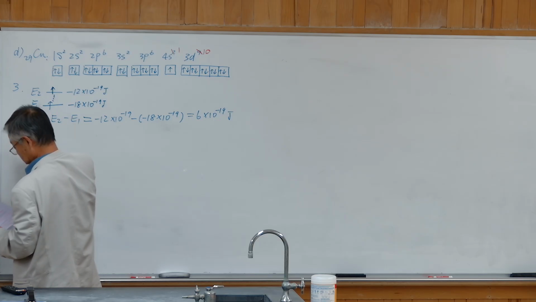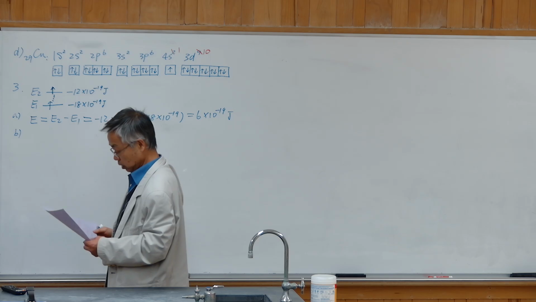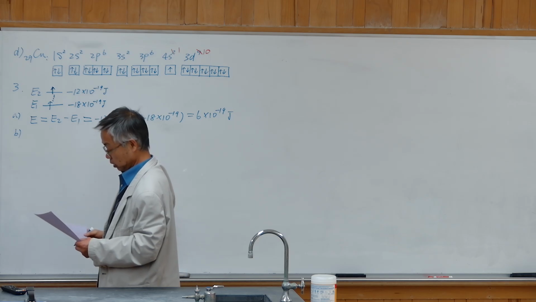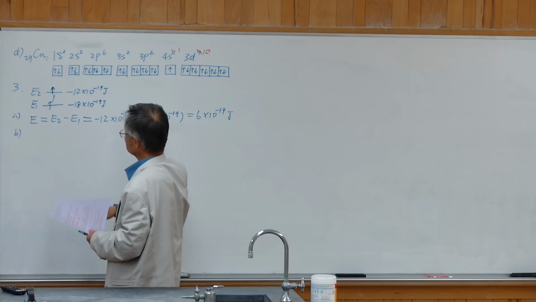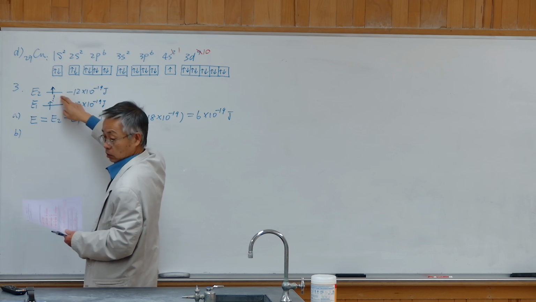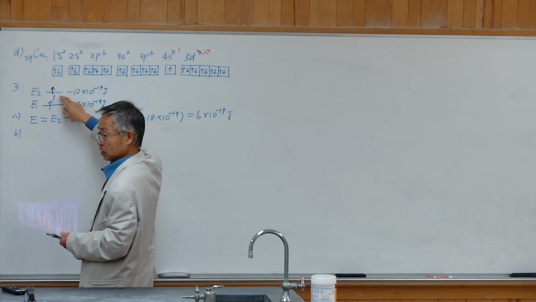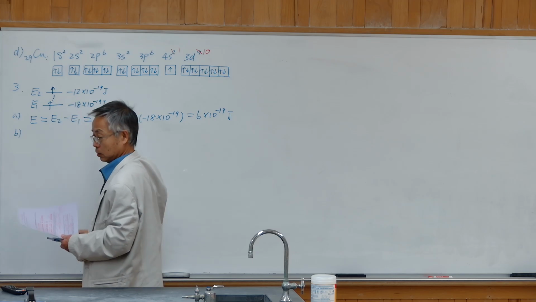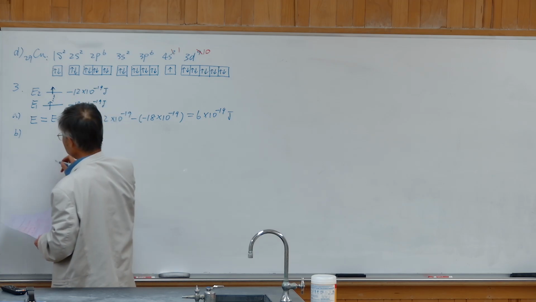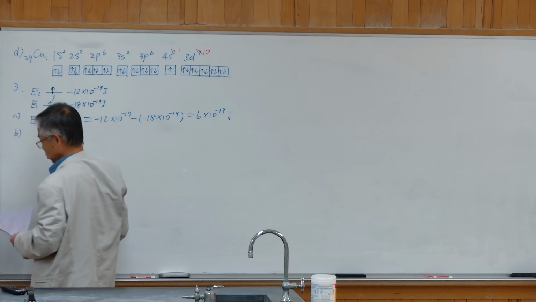Question B asks you, what is the wavelength of the photon needed to excite the electron from E1 to E2? The energy comes from a light. The light consists of photons. Right? So the energy of one photon is h nu.